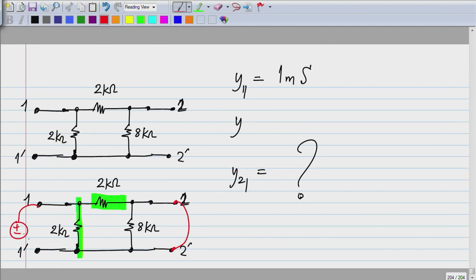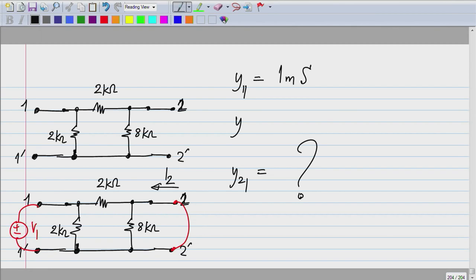if I apply V1 here, now what I have to measure is, first of all, the current I2 measured in this direction. Keeping this in mind, please give me the correct answer. I2 is measured going into the network.